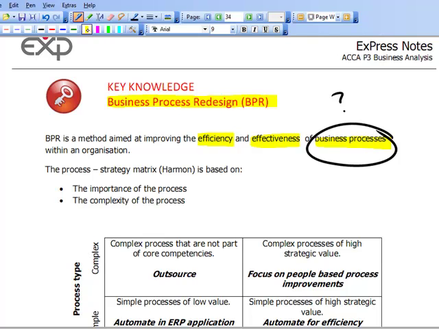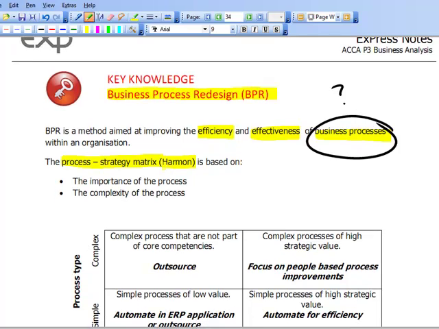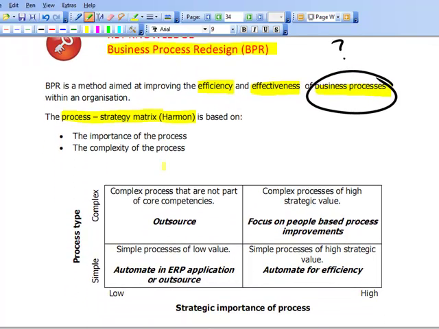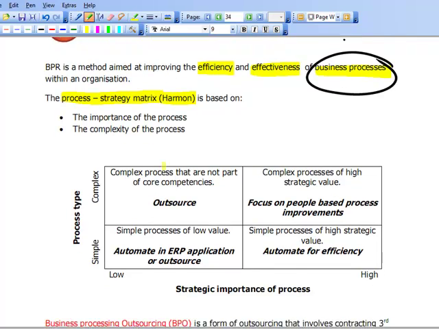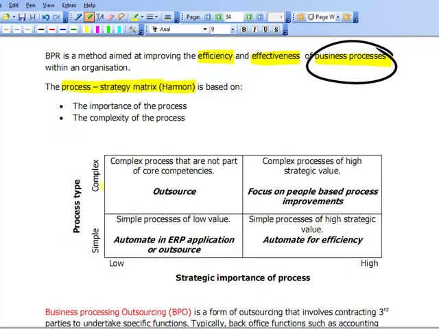The model we're going to have a look at here is by Harmon, and it's a process strategy matrix. Now, this matrix is based on two main areas. We've got the actual importance and the complexity.